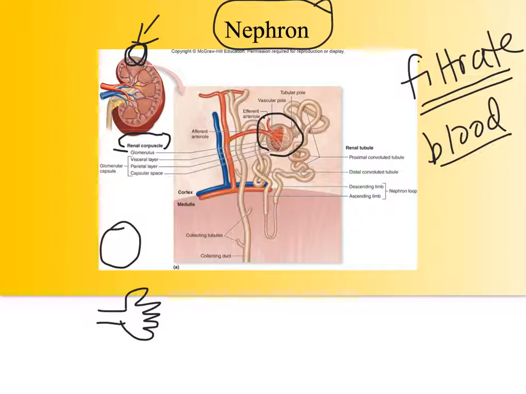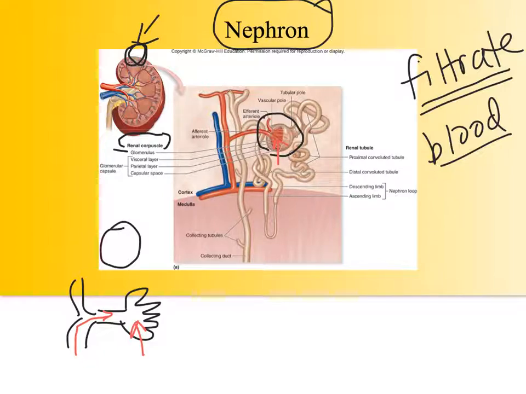And then it's actually going to be covered. Here's what's happening. We have blood coming in, and then it's going to get filtered through the glomerulus. The glomerulus is, if you look at it, the red thing here.